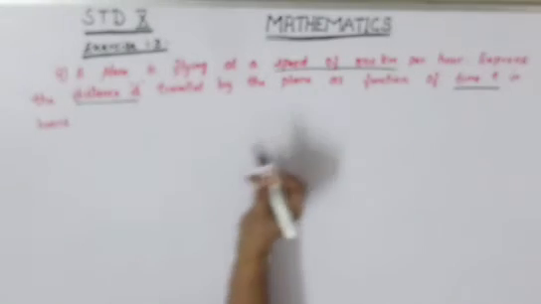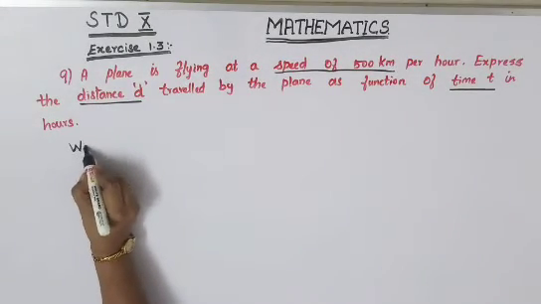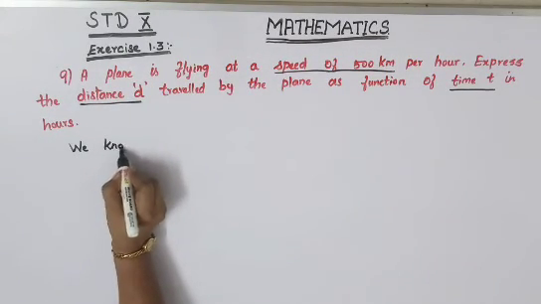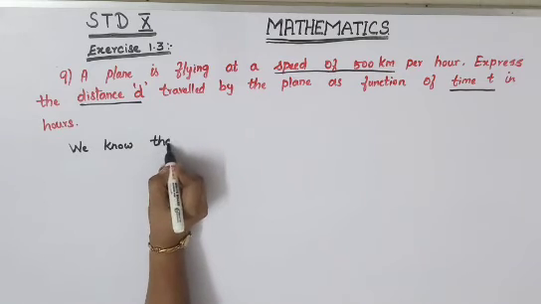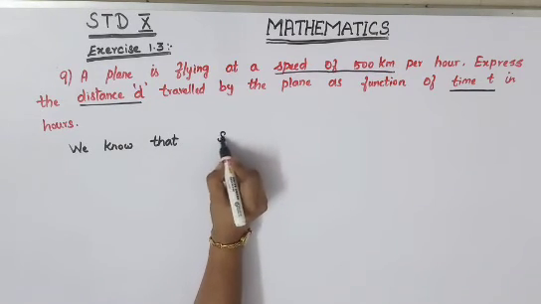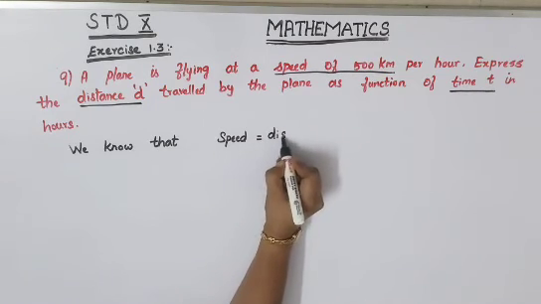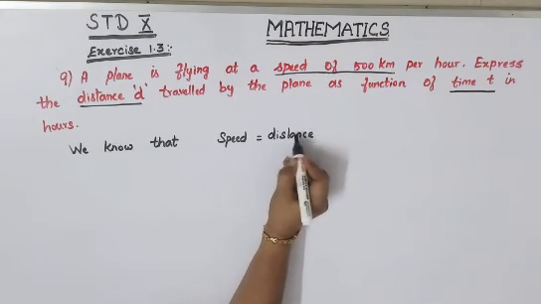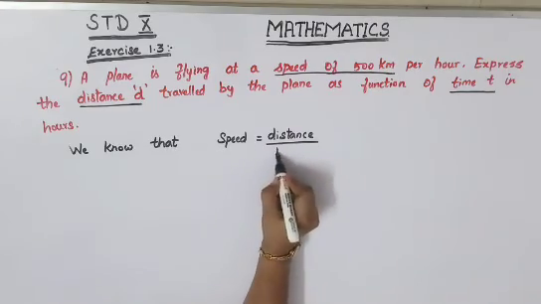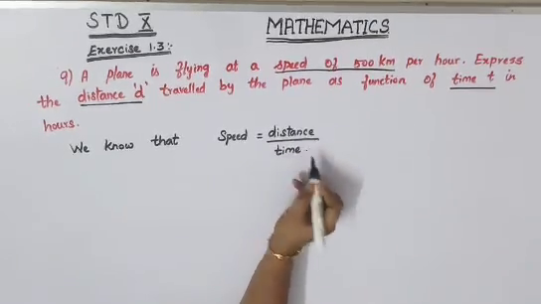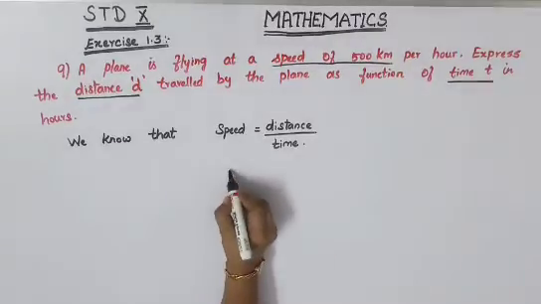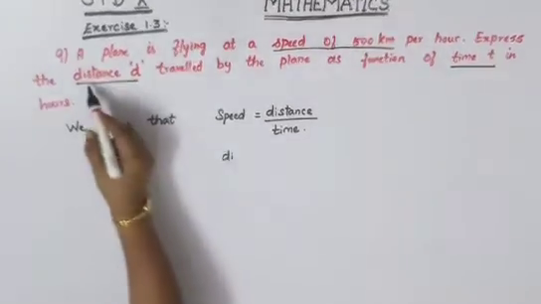Okay, so we know that formula, we have studied this formula. Speed is equal to distance divided by time. So you can use this formula. So they have asked you to find the distance only.